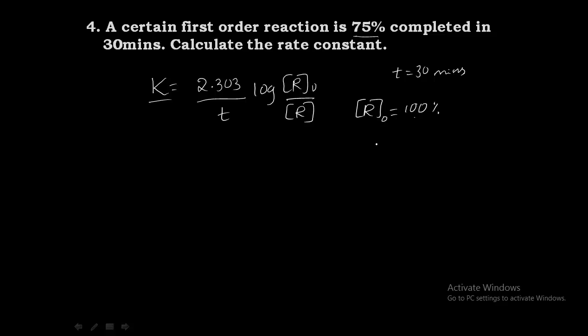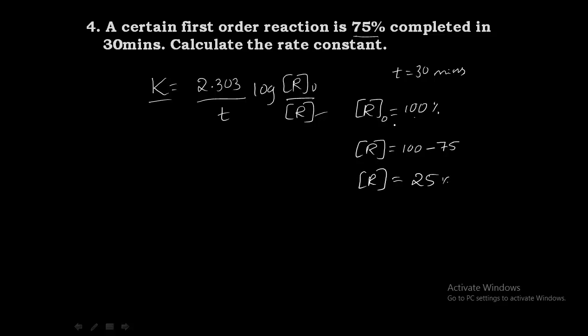That is the concentration of the R at time T. So after 30 minutes, the concentration of reactant is initially 100% is there. Okay, that is initial concentration. In that 75% is completed. That you have to subtract. So how much is left? 100 minus 75, 25%.